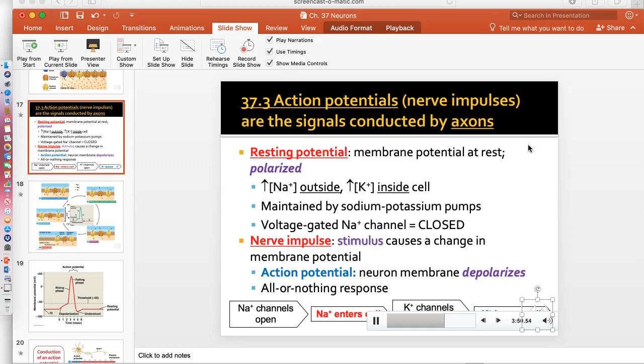What could end up happening is that the sodium channel opens up. When the sodium channel opens up, sodium is going to come into the cell, because remember, there's a lot of sodium outside. Normal diffusion goes from high concentration to low concentration when that gateway is open.